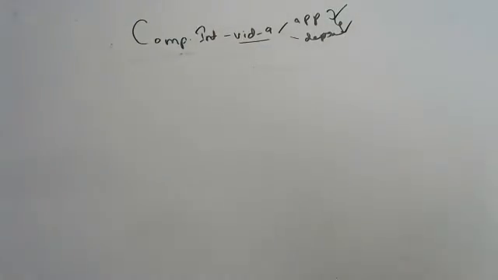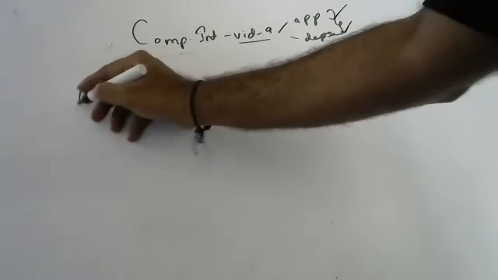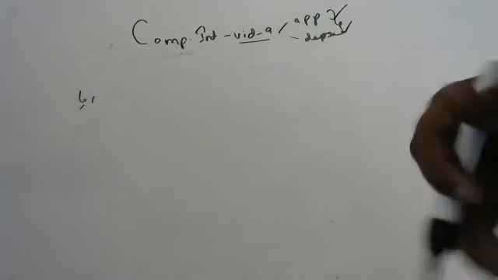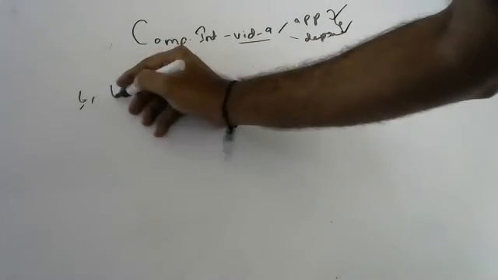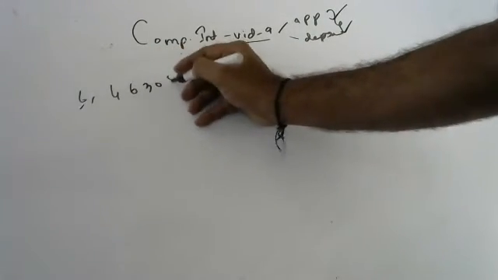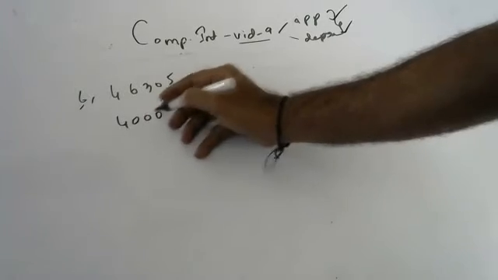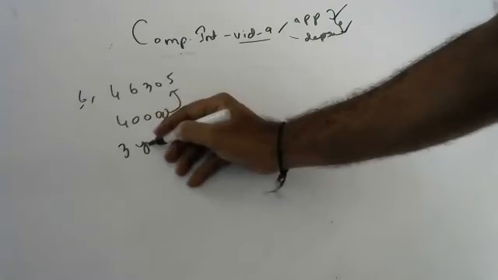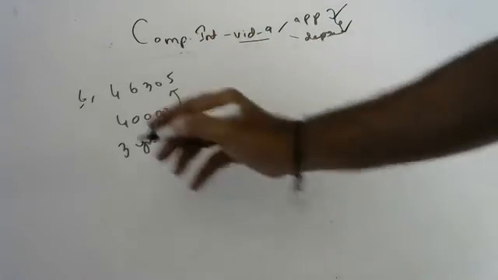Next, Rishikesh. Yes, sir. In a factory, the production of scooters rose from 40,000 to 46,305 in 3 years. Find the rate.